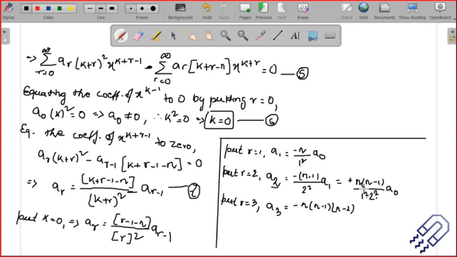If this is 2, we are getting up to n minus 1 term. If this is 3, we are going to get up to n minus 2 term, right? That's logical. If this is 2, we are getting up to 2 square, so if this is 3, we are getting up to 3 square. So 1 square, 2 square, 3 square, a0. So a0 is common everywhere. That's the reason I cannot have a0 as 0, because if a0 is 0, everything else will become 0. Okay, and so on.